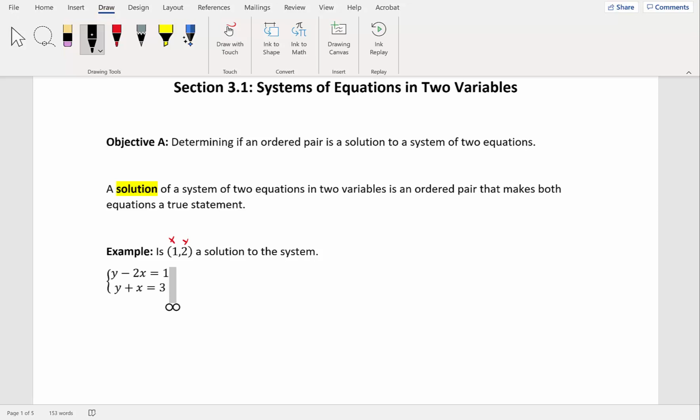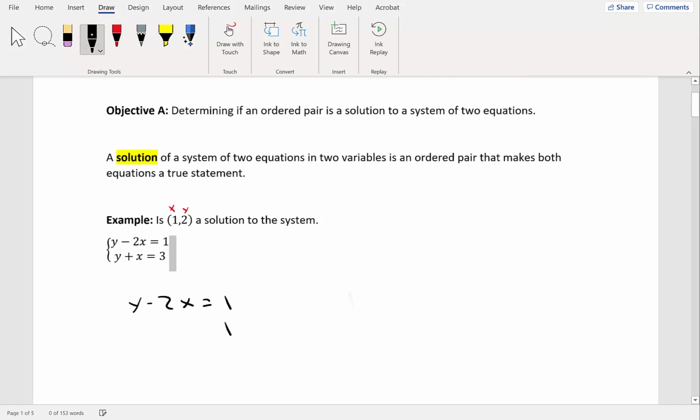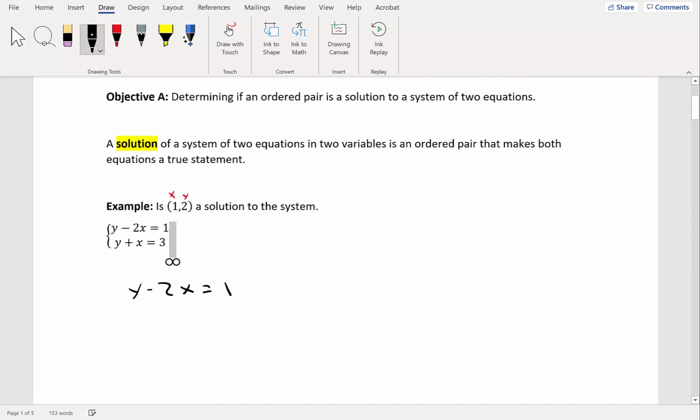So for our first equation, we have y minus 2x is equal to 1. So let's go ahead and start plugging in our x and y values. So we have y, which is 2, minus 2 times our x, which is 1. We want to see if this is equal to 1. We want to see if this is true.